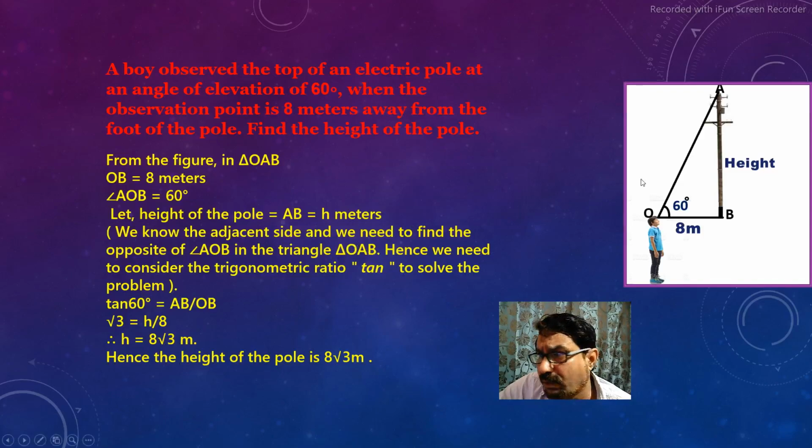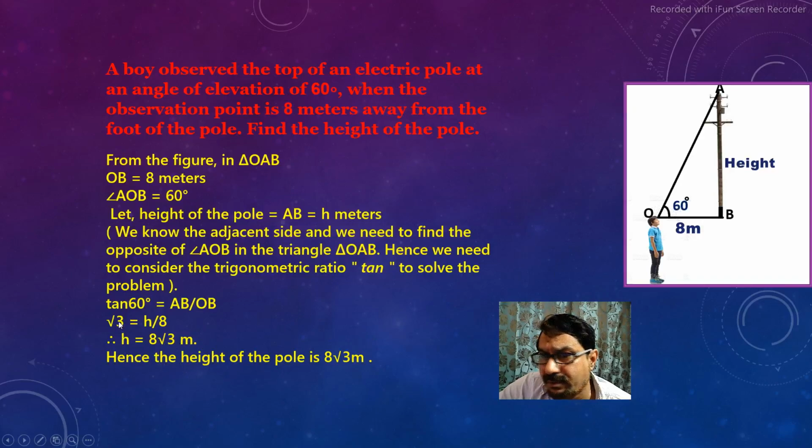Suppose this is h, and when the angle forms, tan theta is opposite by adjacent, right? Here we have A here, B here, and O here, right? So AB opposite by adjacent, and this angle is formed as tan 60.